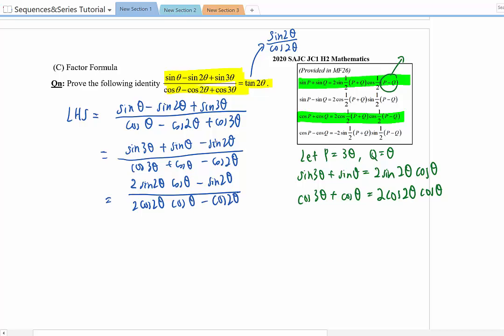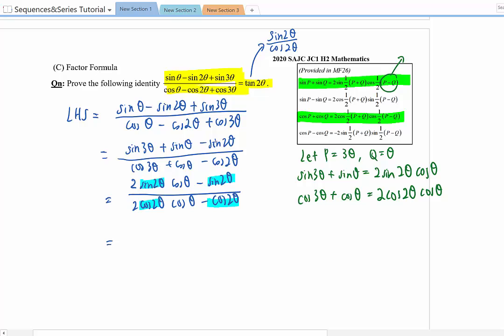This is quite ideal because we see more occurrences of sine 2 theta as well as cos 2 theta. We now have to think of a way to get rid of cos theta. It looks like we can factorize out sine 2 theta in the numerator and cos 2 theta in the denominator.